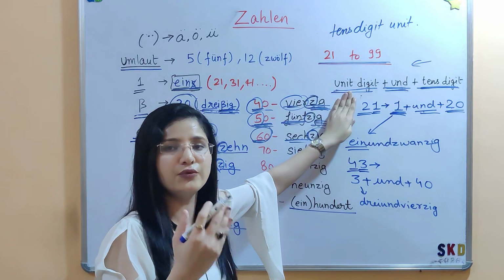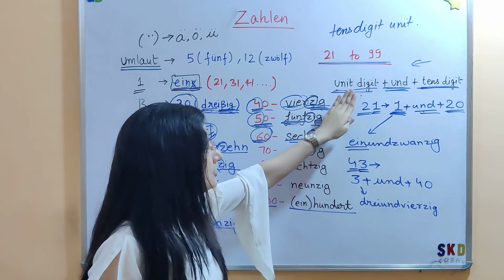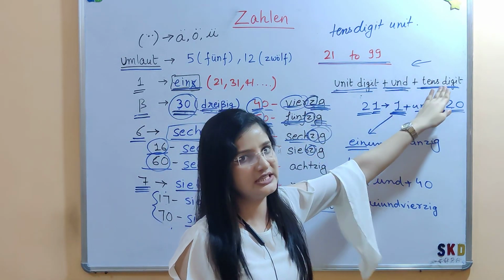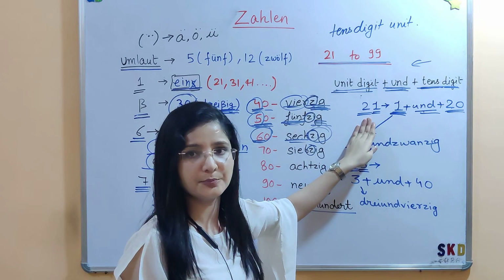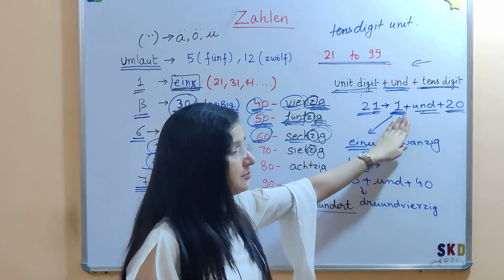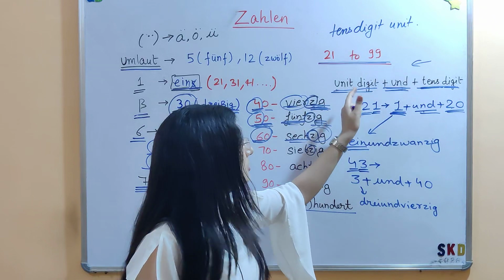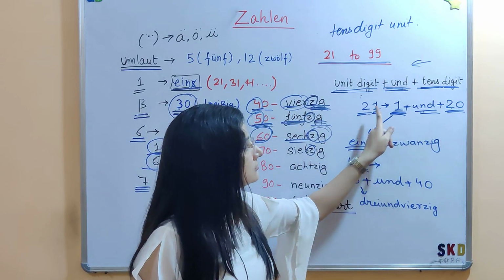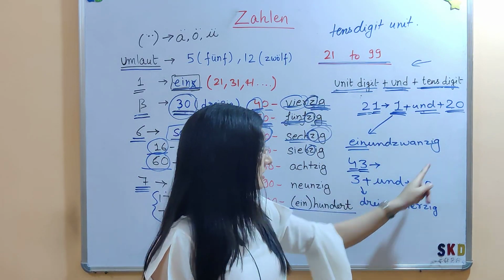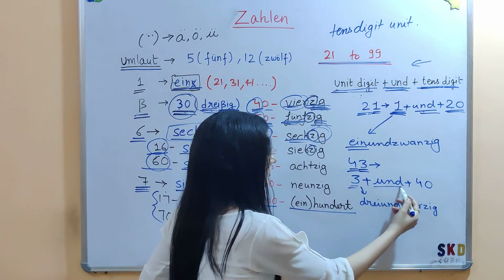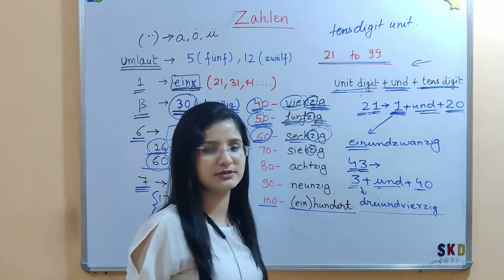In German, the rule for two-digit numbers is just the opposite: unit digit, then und, then tens digit. Suppose for example 21, as I just discussed, 1 will be ein and not eins. So unit digit 1, und, 20: einundzwanzig. 43: unit digit 3, und, 40: dreiundvierzig.